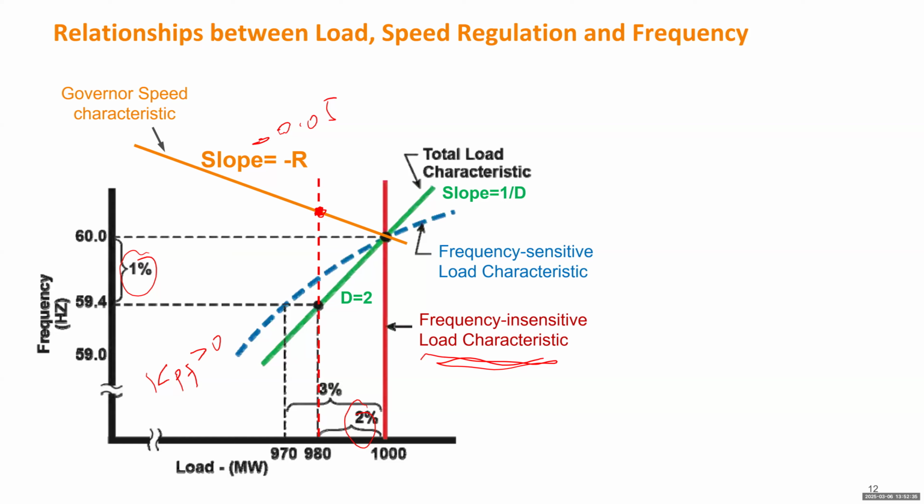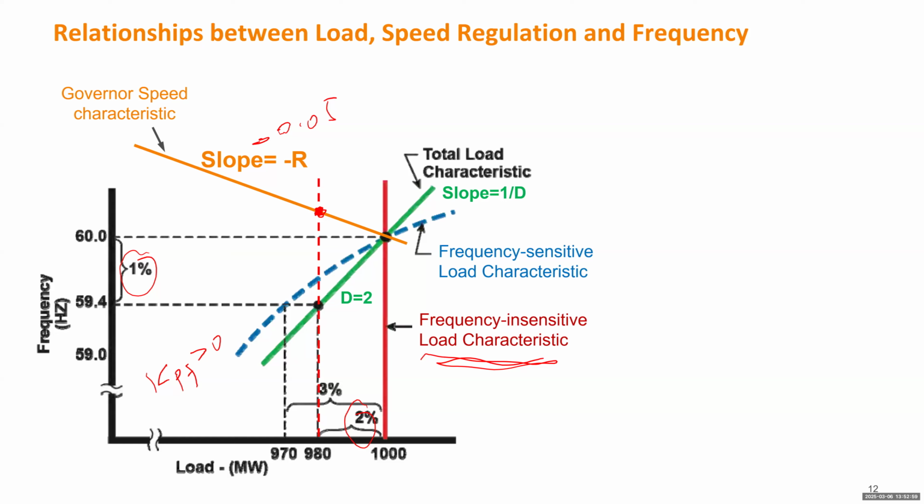But now, if your load is not completely frequency insensitive, and it also has a frequency sensitive part, which is the green line, then when you decrease load by 20 megawatt, that 20 megawatt is measured at 60 hertz. It's not measured by the new frequency, because we haven't known the new frequency yet.